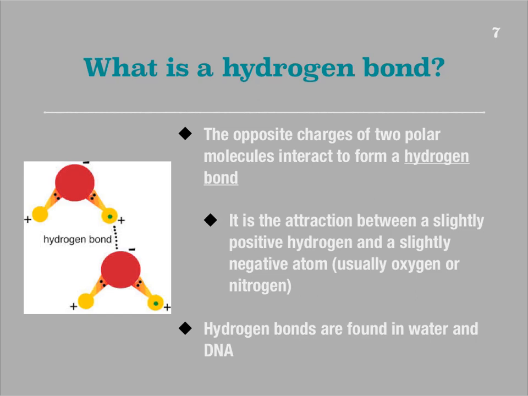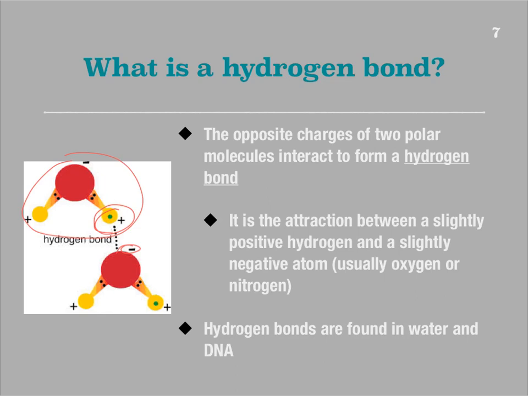Okay, so what is a hydrogen bond? Well, the small opposite charges of two polar molecules form what's called a hydrogen bond. Again, looking at water, water is a great example of polarity. We have a slight positive charge on the hydrogen end and a slight negative charge on the oxygen end, and so these are going to have a small attraction.